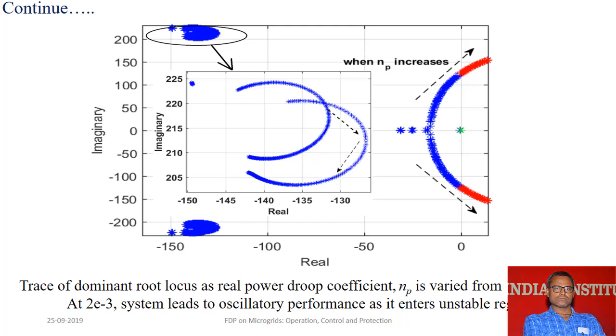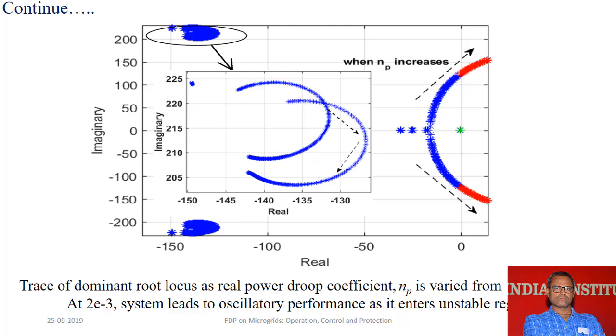Okay. So here if you see the axis, this is the 0 axis, and this side is negative. All this side indicates stable modes, right? And as soon as it touches the imaginary axis, oscillation starts. So when NP is equal to 2e-3, it becomes oscillatory.